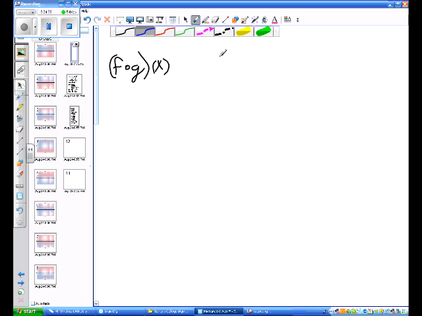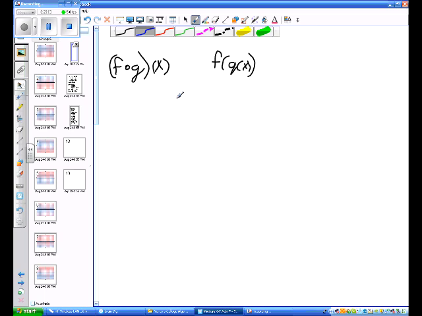Another way that might be a little bit easier to understand is f of g of x. Now what this helps you understand is you're taking the function f, and wherever there's an x, you're plugging in the function g of x. So we're putting our function into our function.